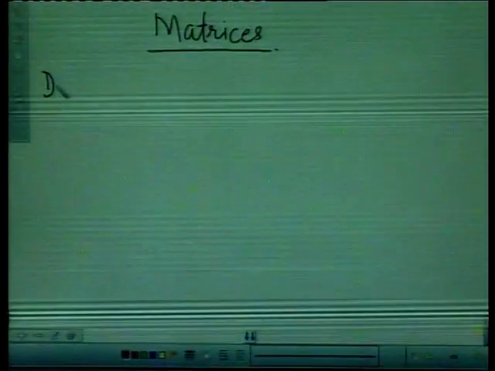First of all, the definition of a matrix. What is a matrix?